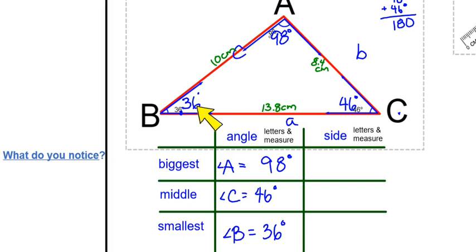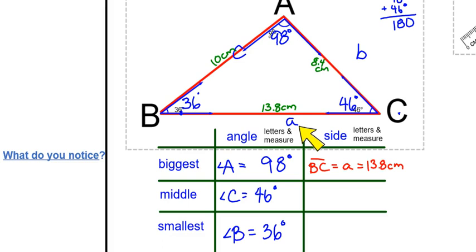Then they want us to do the same for the sides. And so for our sides, our biggest side number was 13.8. And that side is BC, or we can nickname it little a. So we're going to call that BC, which equals little a, 13.8 centimeters.